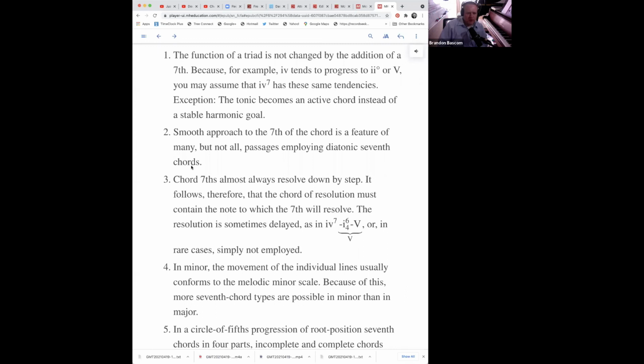So we just got a circle of fifths going on right there, yeah? I like to cheat and do it by ear myself.